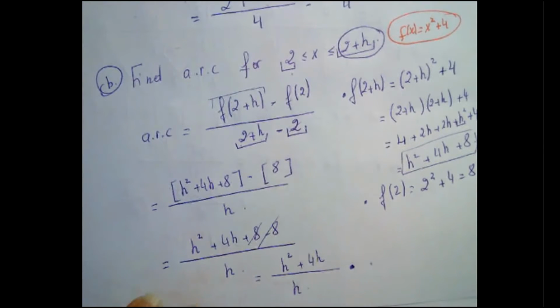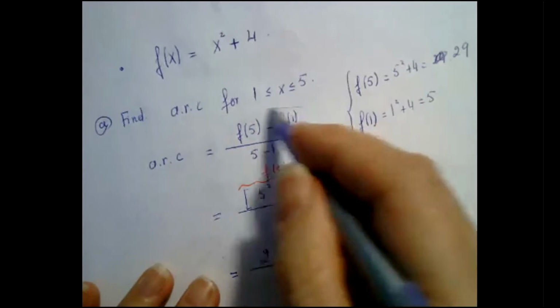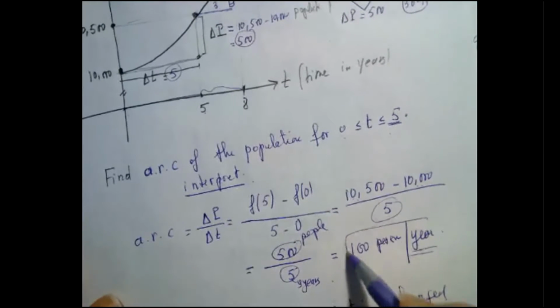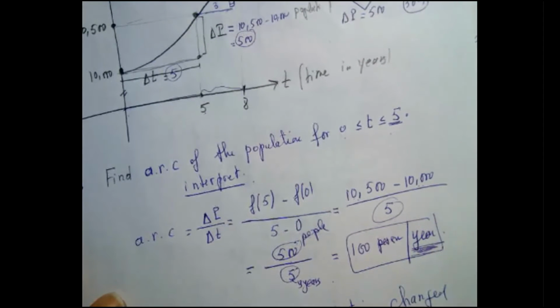All right. So let us sum up. The average rate of change basically represents in words how fast your function is changing. That's really the main idea. The formula is simple, but the meaning is really what we care about. In the population, when I find the average rate, how fast was the population changing per year?